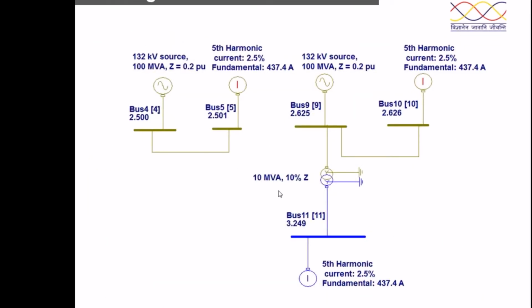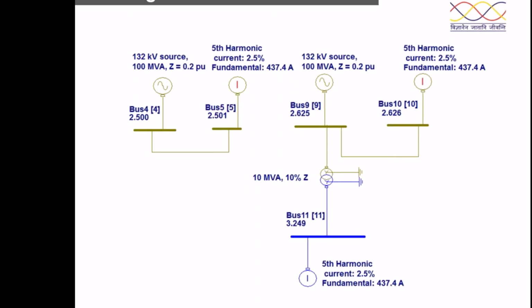There is one more thing we need to understand in harmonics, that is the background harmonics. Whenever we do the measurement at the industry, it may so happen that the industry current distortion may be lower, but even then at the bus, the PCC, the point of common coupling, the voltage distortion can be higher.